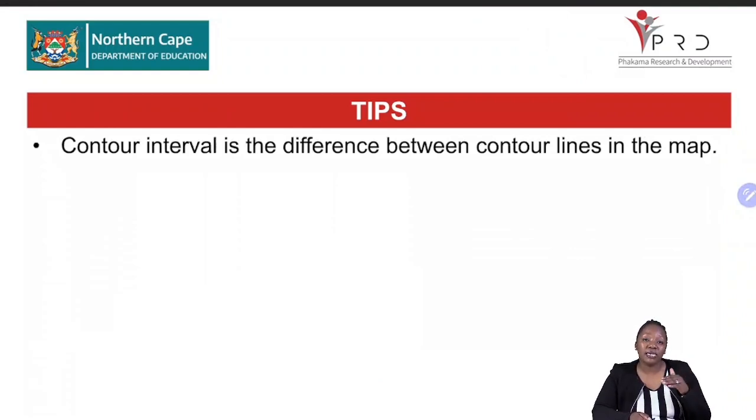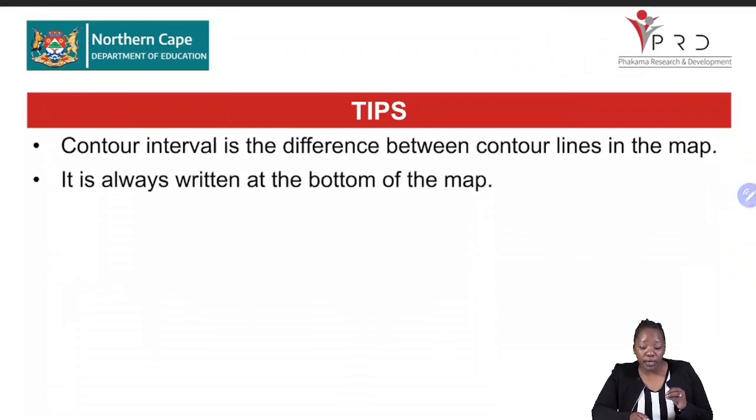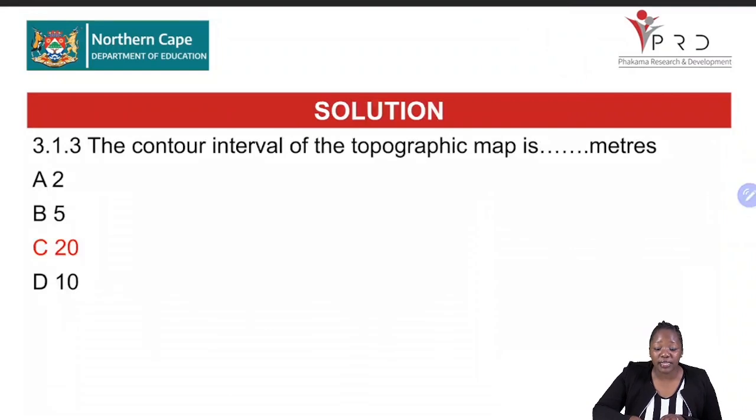So the spacing in between those lines, we call the contour interval. Remember again, you will be given the contour interval at the bottom of the map. So even if you forgot, you can check on the map because the answer is there.